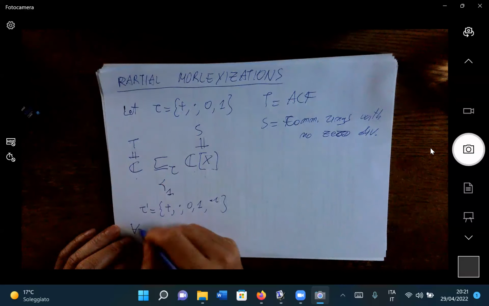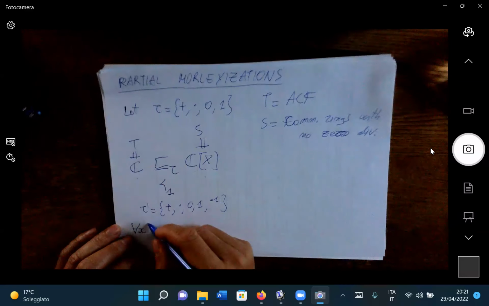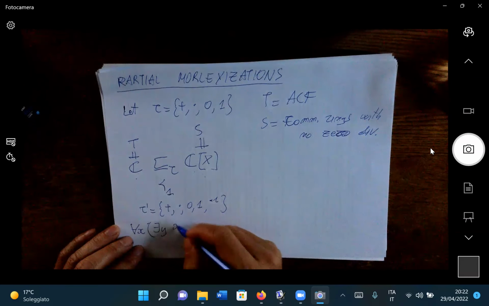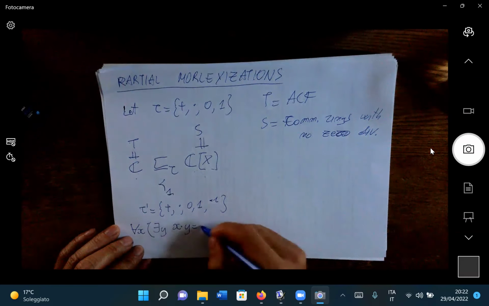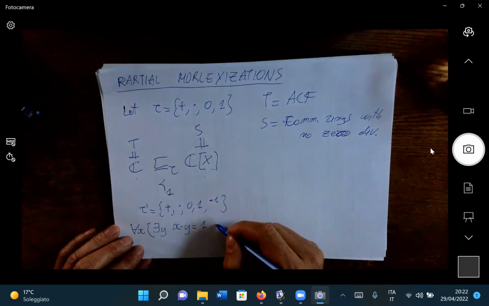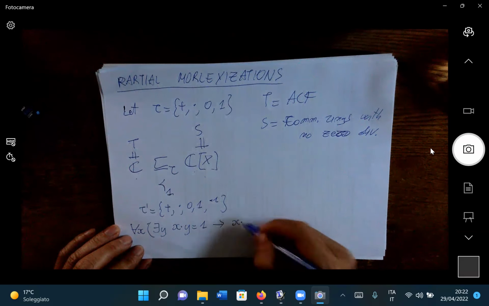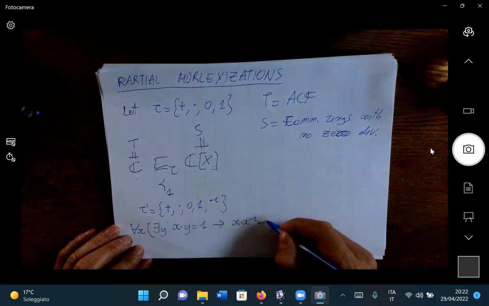So we add this axiom. For all x, if there exists a y such that x times y equals 1, then we get that x times x^-1 equals 1.